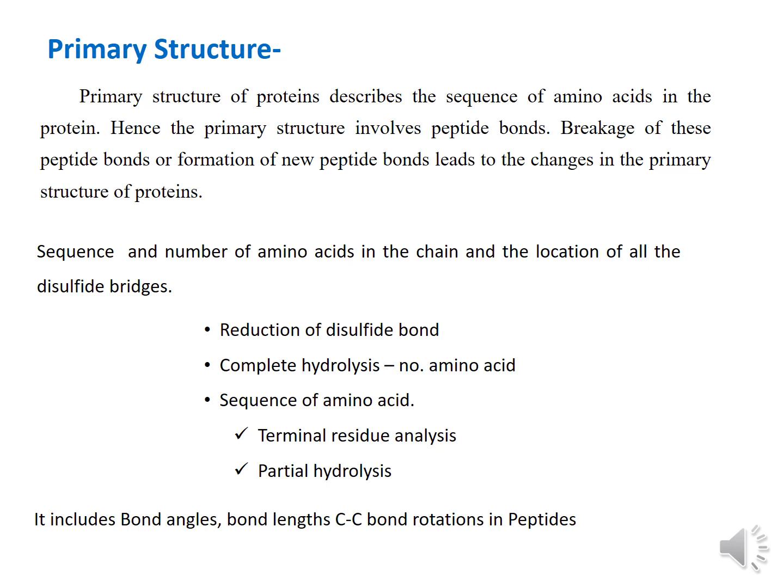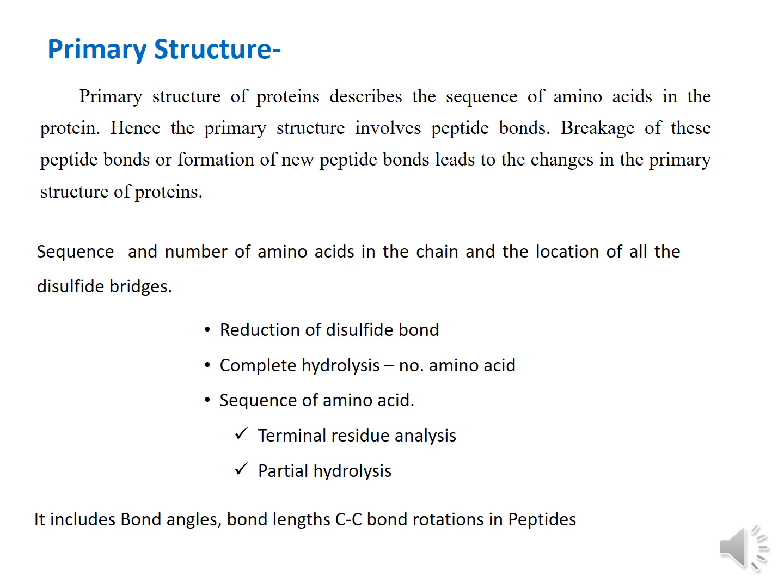And to know the location of all disulfide bonds, one could reduce the disulfide bonds. So reduction of disulfide bonds gives the locations. Complete hydrolysis gives the number of amino acids.